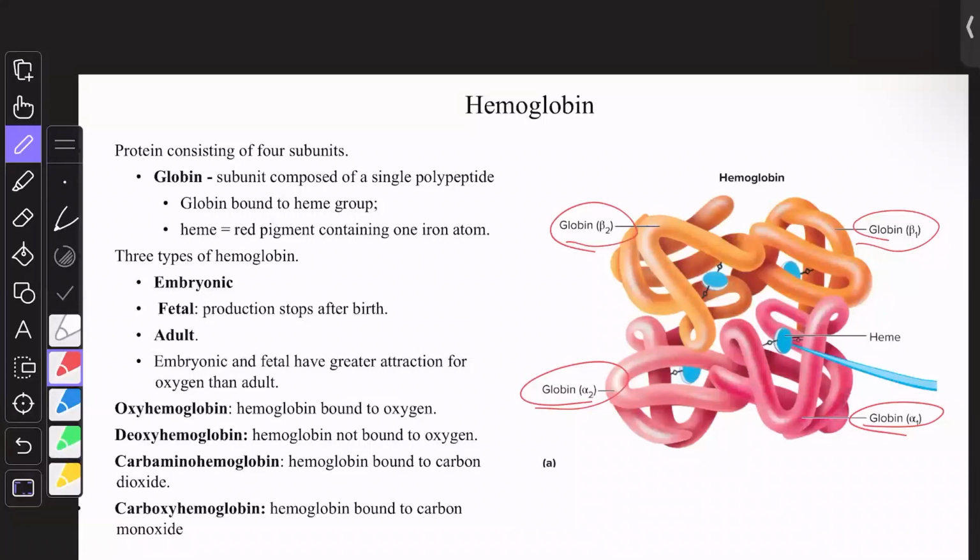Why are there, what's the difference? Just embryonic? Yes. So they don't necessarily require a great deal more oxygen, but there is something about oxygen. So what is unique about embryonic and fetal hemoglobin?